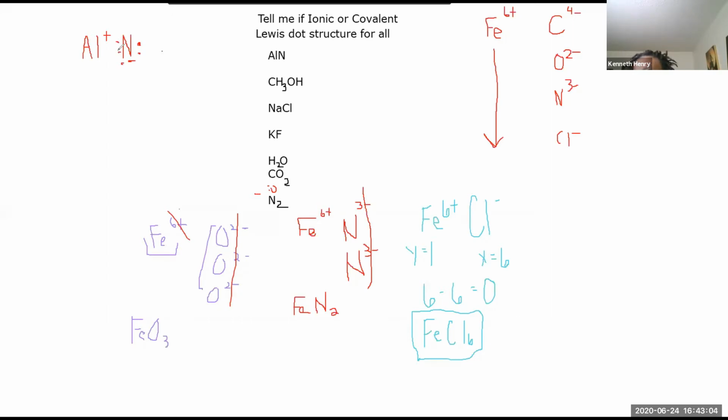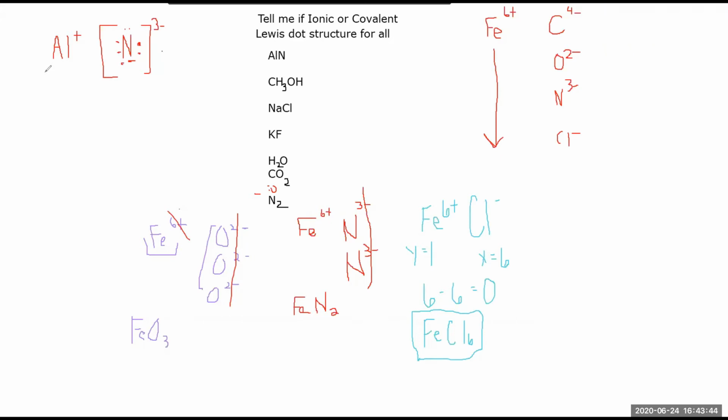I can draw my electrons. We put it in brackets, and now it has a negative 3 charge. Okay, so then that's what you would draw. Pretty simple.